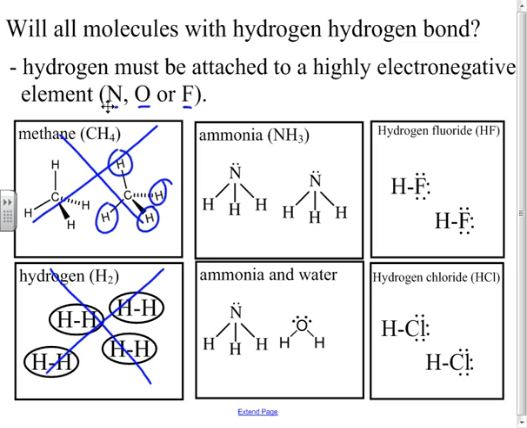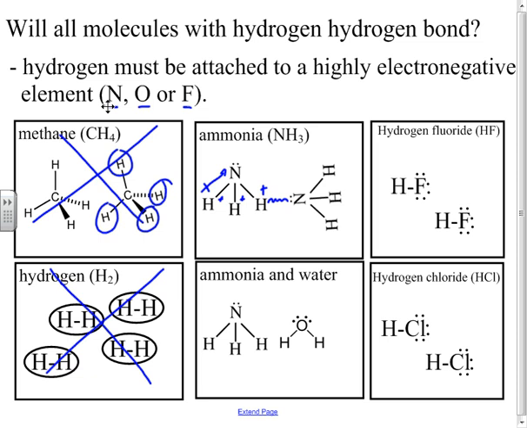Ammonia, though, here we have the hydrogen bonded to a nitrogen, and the nitrogen is significantly more electronegative than each of these hydrogens, so the electrons shift towards that nitrogen, making the hydrogen positive. And so this positive hydrogen here, or here, or here, will attract an unshared pair of electrons on a different atom, and that then creates a hydrogen bond between the two molecules.